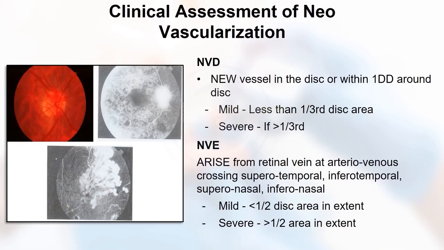New vessels elsewhere arise from a retinal vein or at an arteriovenous crossing, in the superotemporal, inferotemporal, superonasal or inferonasal area. Mild is less than half disc area in extent and severe is more than half disc area in extent.